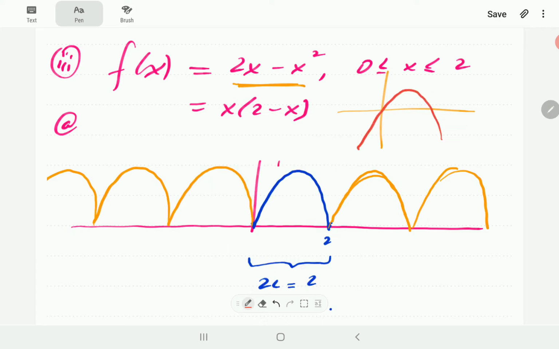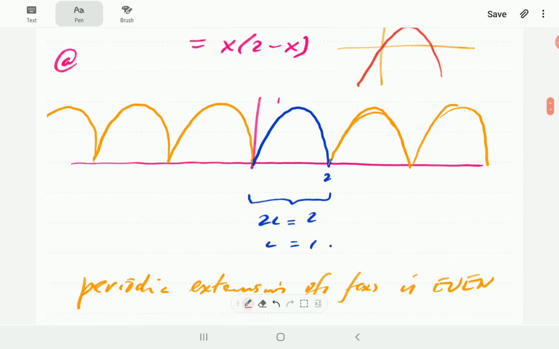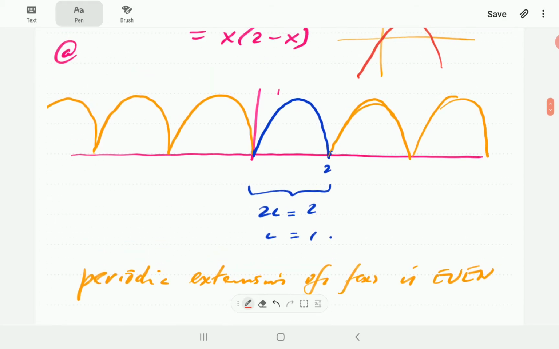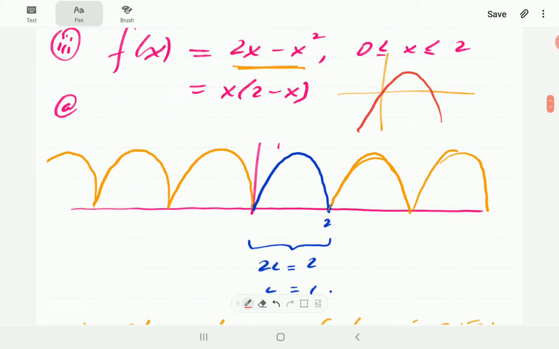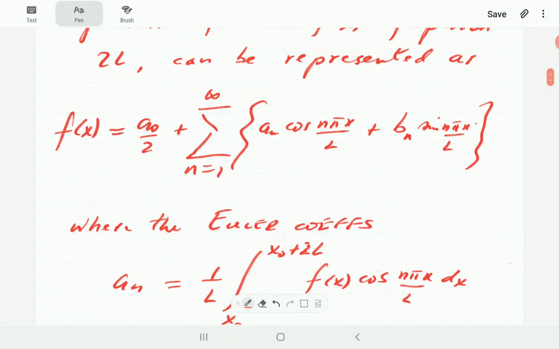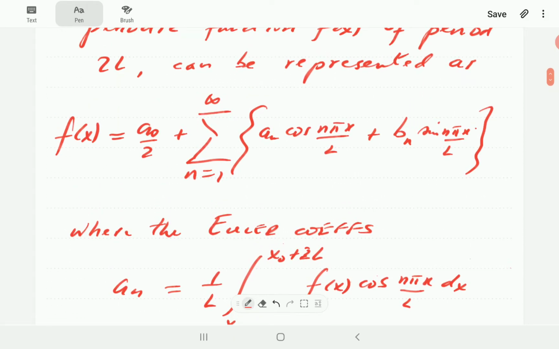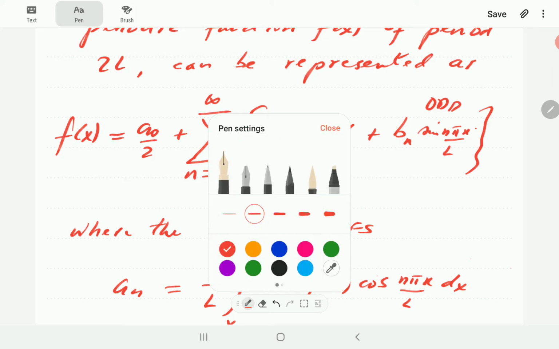But we're talking about the periodic extension of it, and that is going to be even. Now, when it comes to the Fourier series, the sine terms are odd and the cosine terms are even.